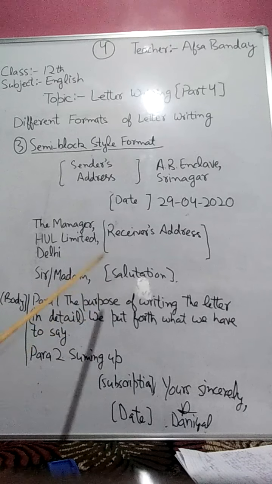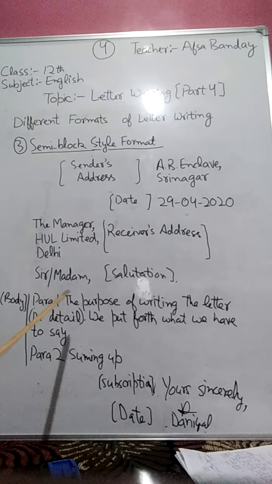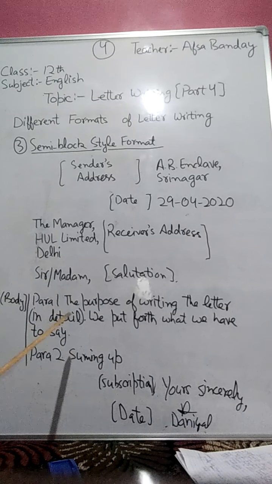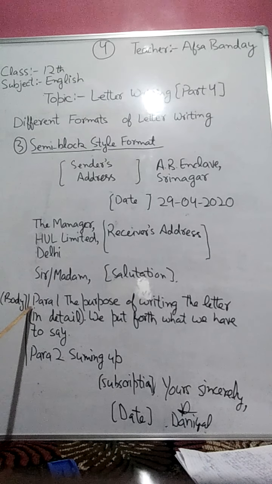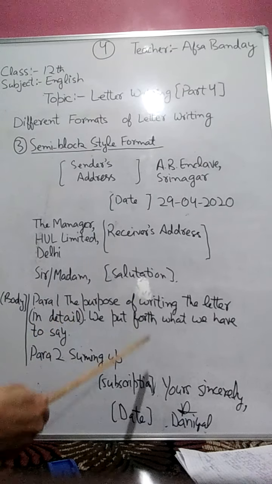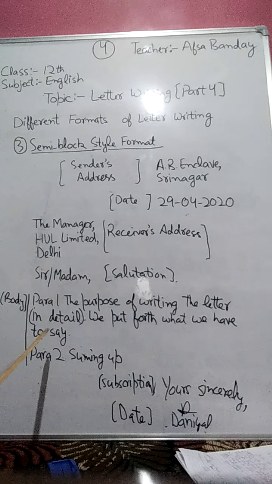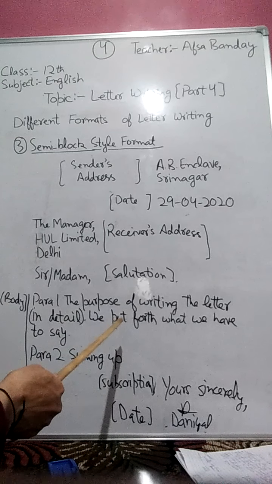Just like what we do in block style format, we start the paragraph from the margin, and we start our first paragraph with the purpose of writing the letter, and in detail whatever we have to say, we say it in our letter.